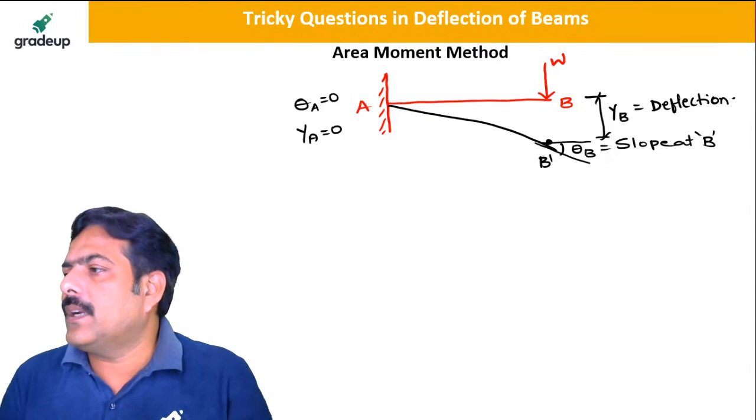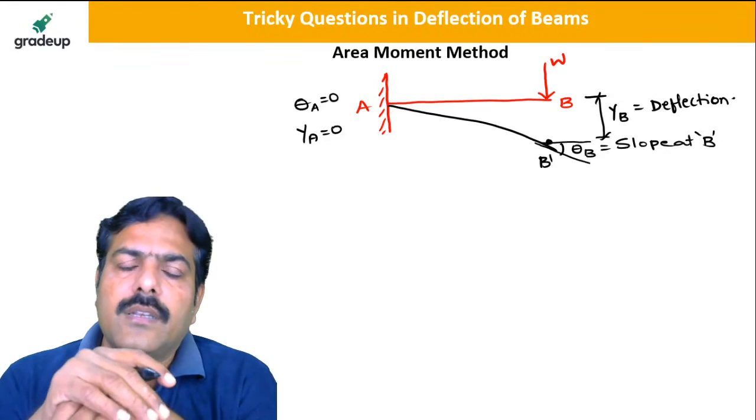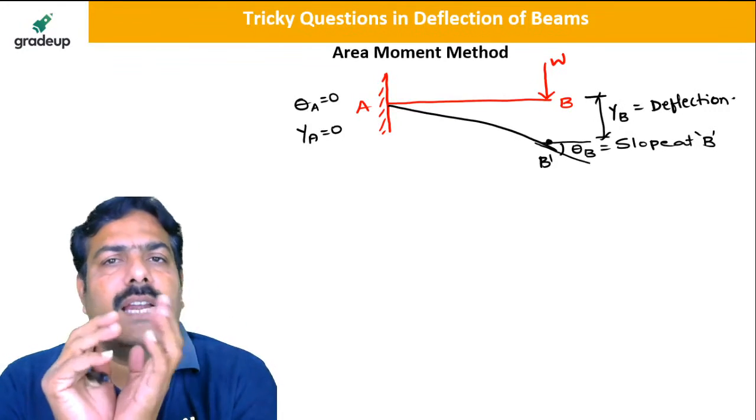So conjugate method, Castigliano's method, double integration method, there are so many methods, right? But whichever is easy and time saving, that only we have to use.